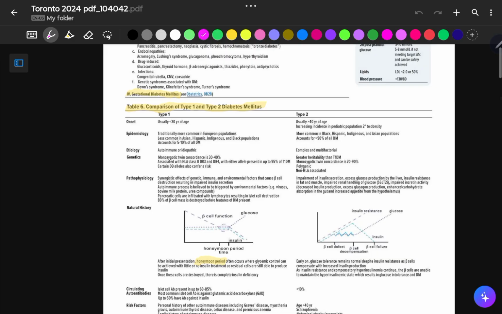So these environmental factors trigger the autoimmune process in the body, leading to disruption of your B cells. Pancreatic cells are infiltrated with lymphocytes, resulting in islet cell disruption. 80% of B cell mass is destroyed before the features of diabetes are present. So this is more like an autoimmune process.